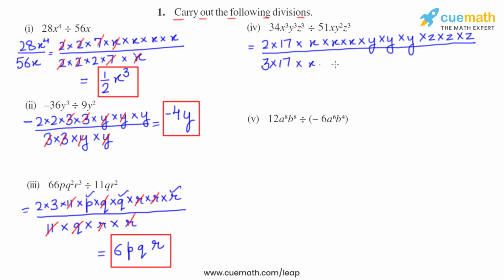Then we have 1 x, 2 y's, y into y, and z into z into z.